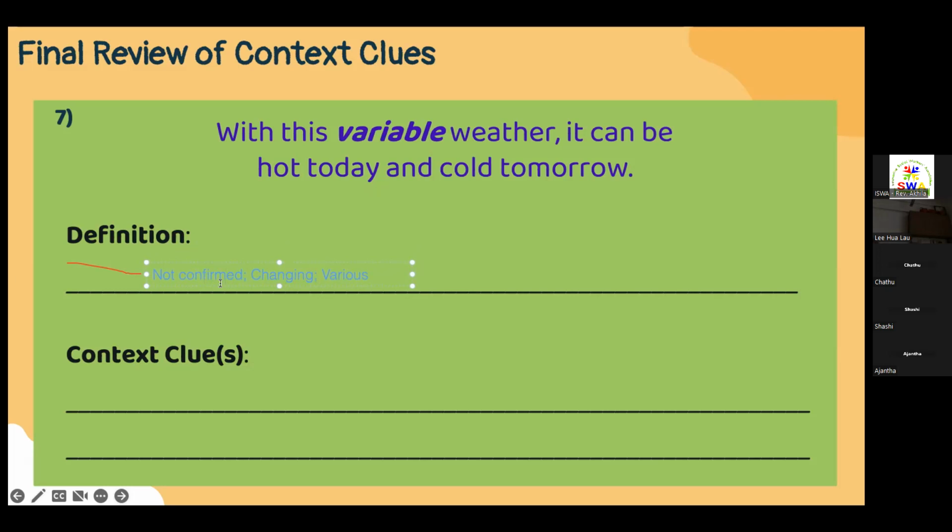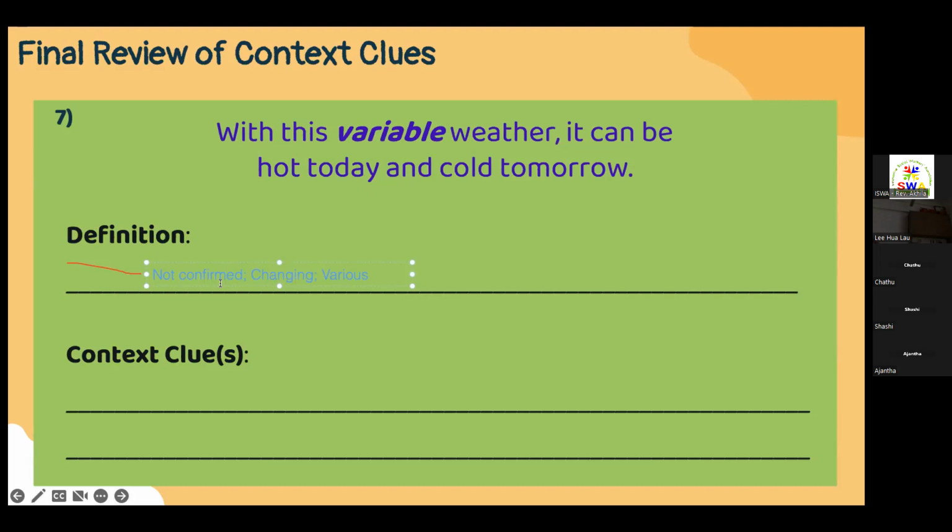Am I right, sir? There are actually two context clues that you can use in this short sentence. So Sashi, you were saying that, is it the hot today and cold tomorrow? Can be and could. Can be. Oh, can be. And could. Yeah. Okay.